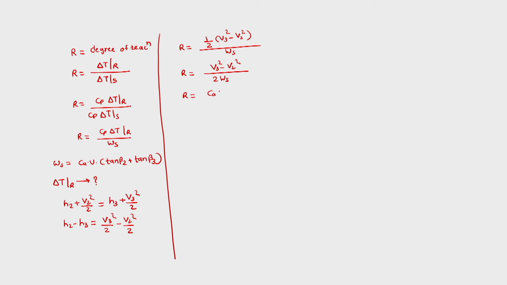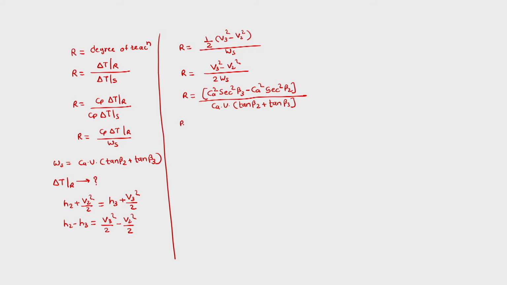So we would have Ca square sec square beta 3 minus Ca square sec square beta 2, divided by an expression Ca into U into tan of beta 2 plus tan of beta 3.